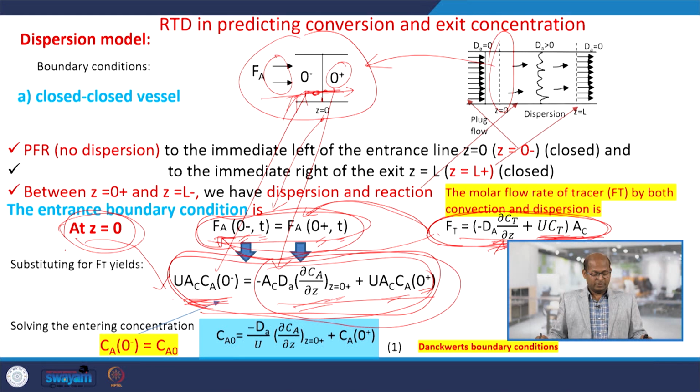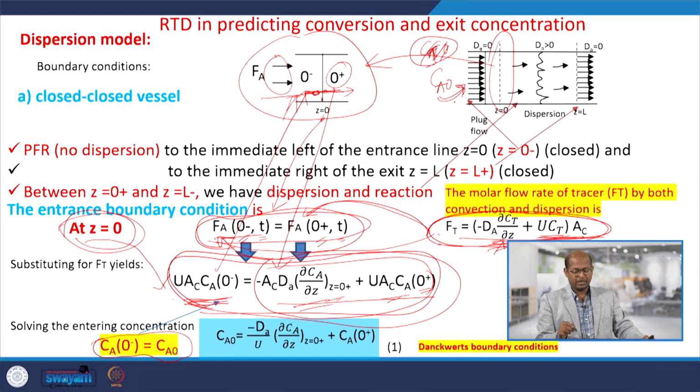Similarly, for these equations, C_A0 minus is this, meaning when molecules are just entering, or you can say the initial concentration. When the component is just entering the reactor, the concentration is high.